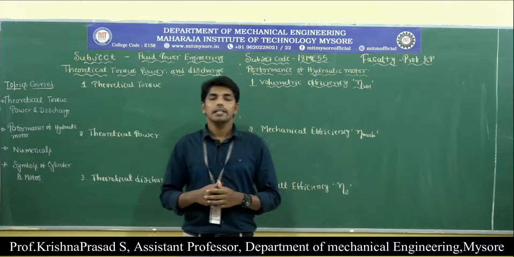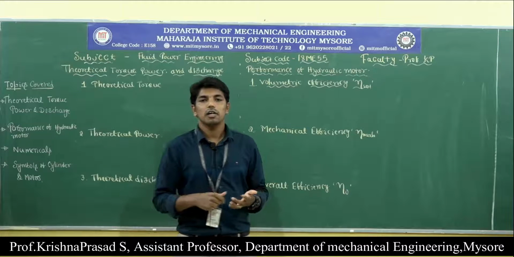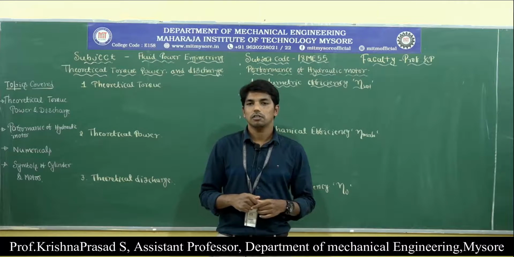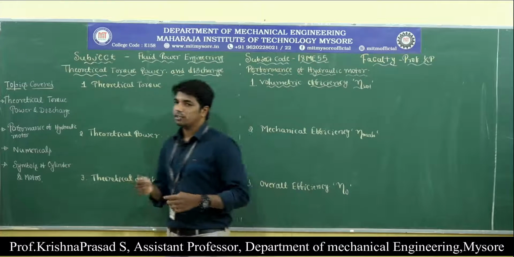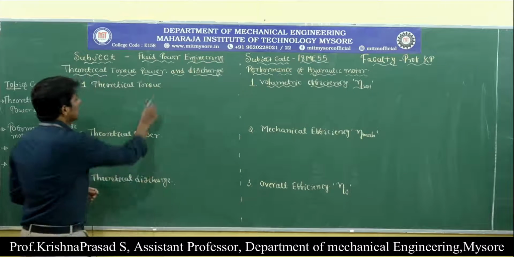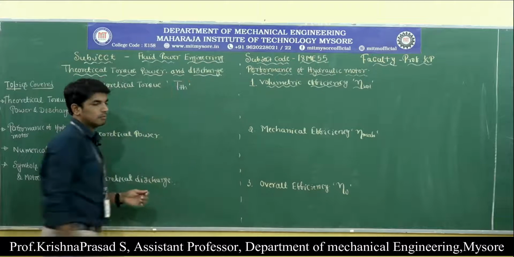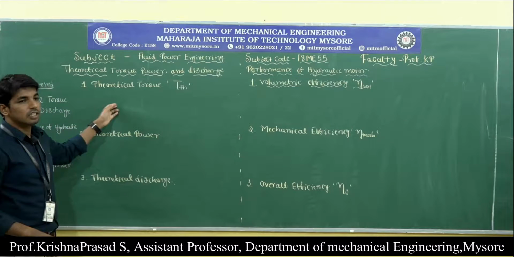We all know that in case of the hydraulic motor, the actual torque is always less than the theoretical torque because of the frictional losses. Hence, the theoretical torque is usually denoted, in case of the hydraulic motor, as capital T suffix TH. Okay, then what is meant by the theoretical torque?